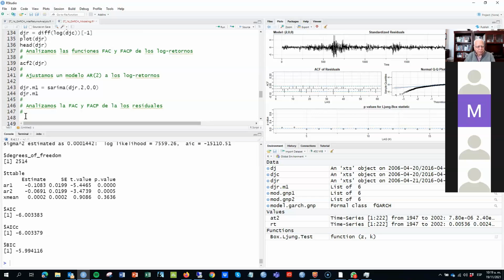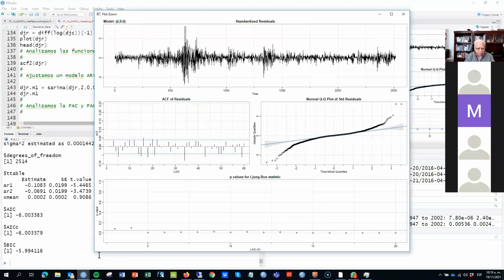Now, one of the things that we observe here is that the p-values tend to be small. There are a few that are greater than 0.05 at the beginning, and then the rest are very small. And of course, we have departures from normality, because this curvature indicates that we do not have a normal distribution.